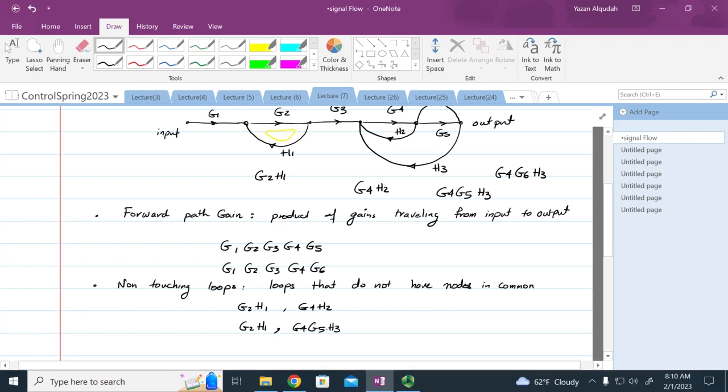We can also take G2H1 and then G4, G6, and H3. Both of these are non-touching loops. Is that clear, everybody? These loops that do not overlap, we call non-touching. The loops here are all touching; they have a path in common.